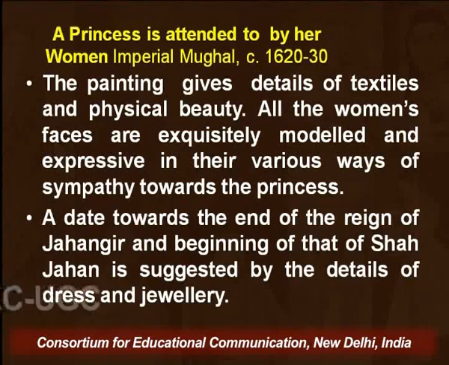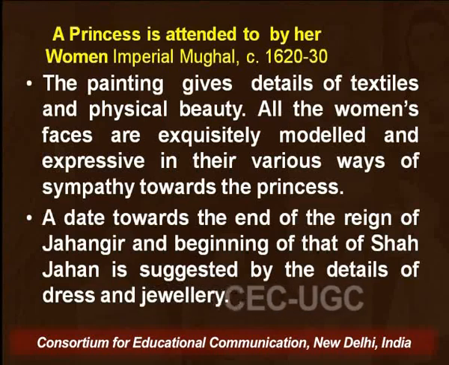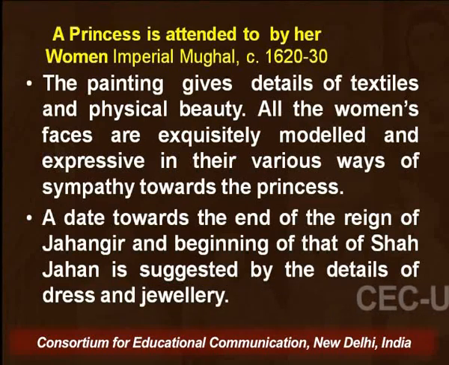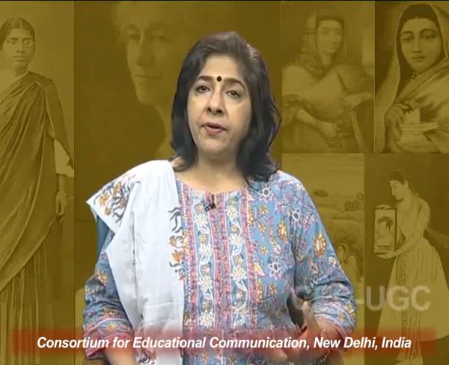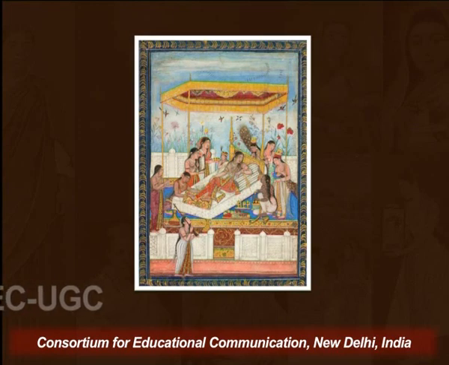By the end of Jahangir's and the beginning of Shah Jahan's reign, a large number of such paintings started appearing, which also captured details of dress, jewelry, finery, etc., as you can see in this painting that is being shown on the screen.